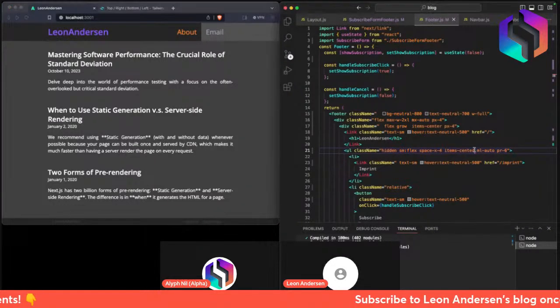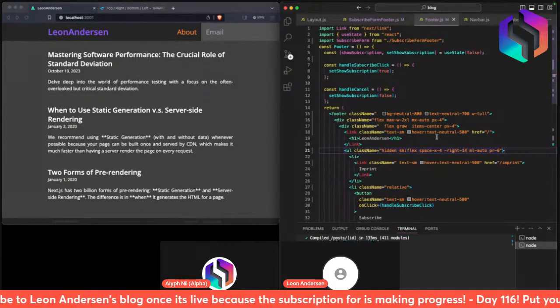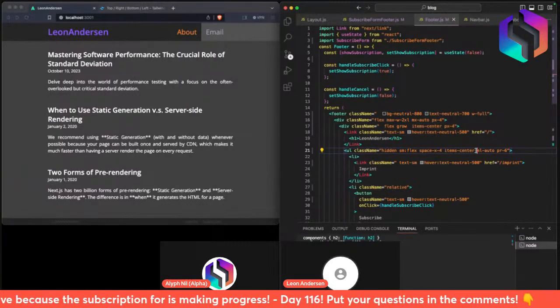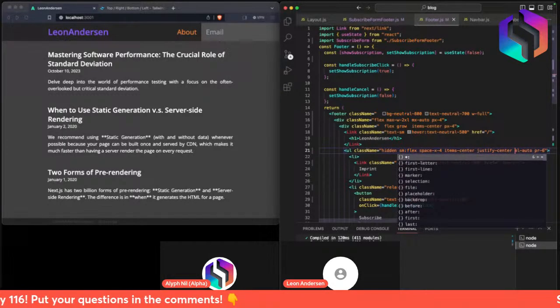Well, I don't know if that changed anything. No, it didn't. Oh, that's wrong. Maybe justify center as well. I have no idea what justify center does, but I've seen it in conjunction.